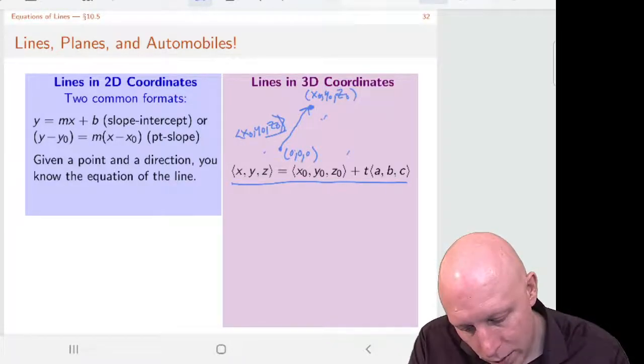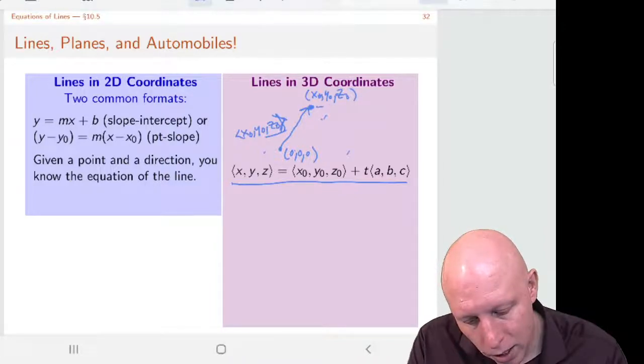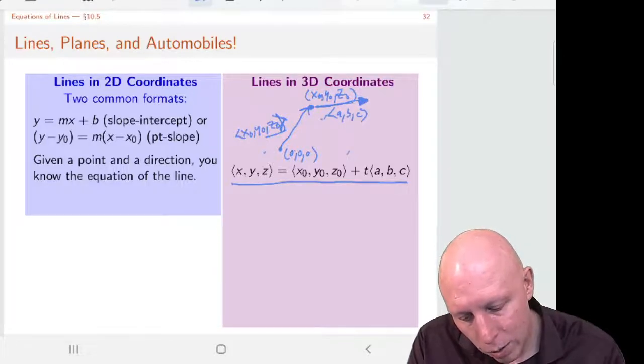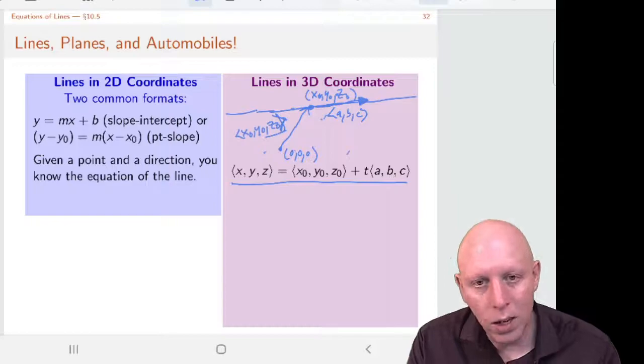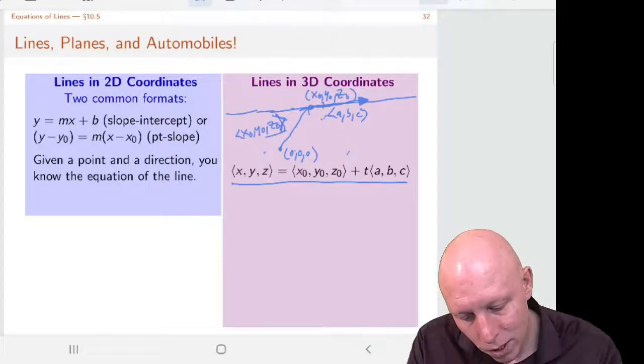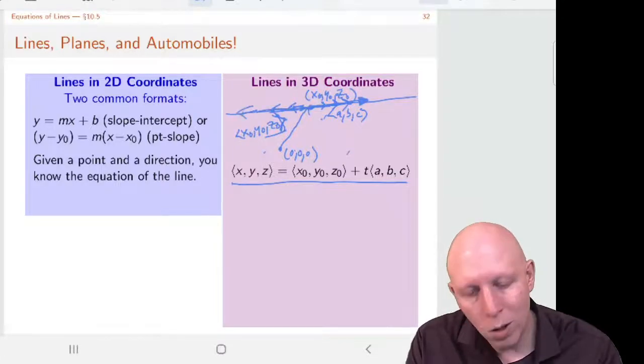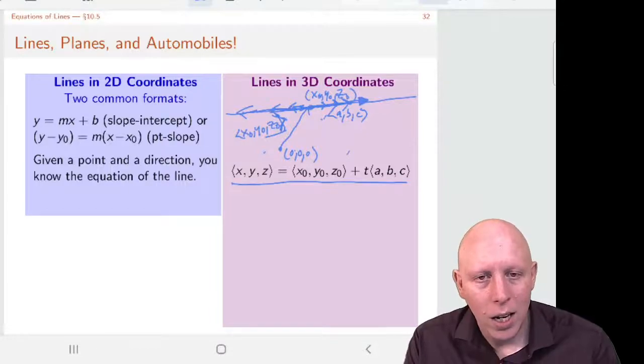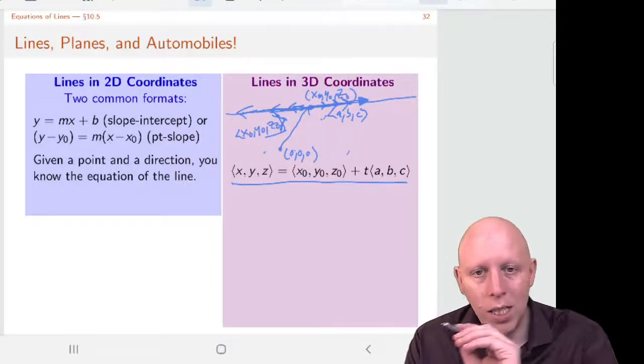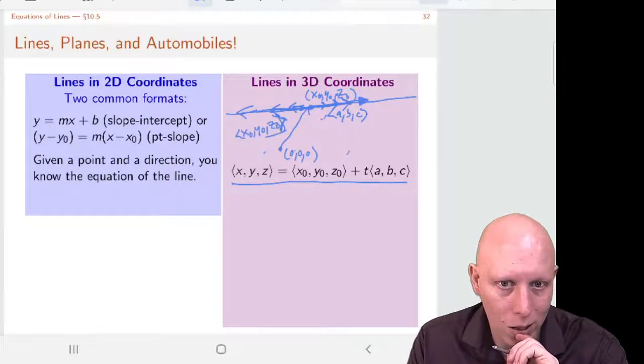And so now we have this vector, and we look at the line, the direction vector ABC. What we can do is add different multiples of this vector. We can say, let's add a tiny bit of this vector, a little bit more, or maybe we add a negative amount, an even more negative amount, and as we do that, we trace out a line in 3 dimensions.